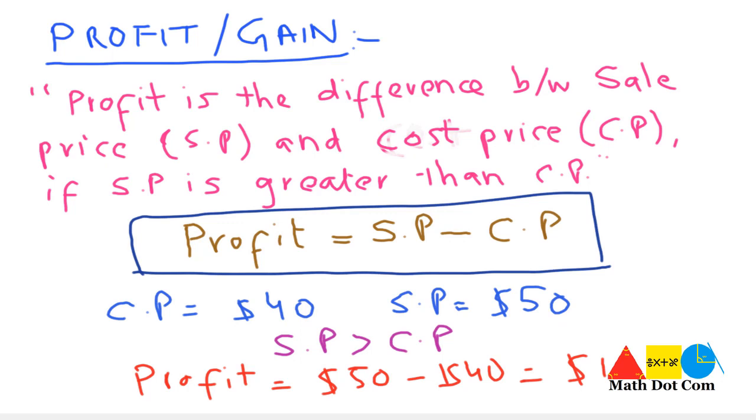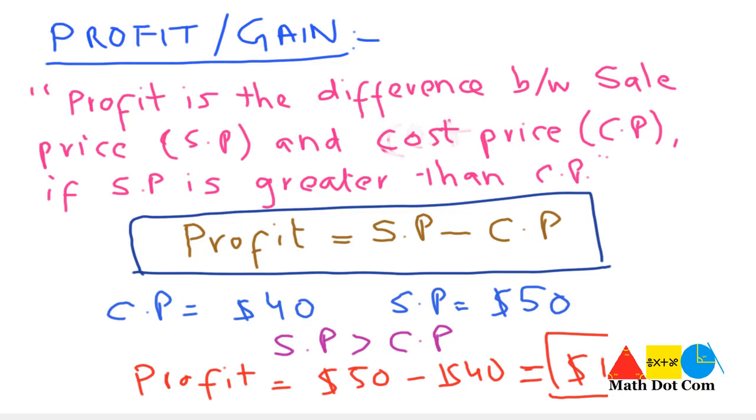So the profit here is $10. Profit or gain here is $10, as we have seen in the last example where the trader got a profit of $10 on the sale and purchase of 4 books. Hope you have got the concept of profit from here.